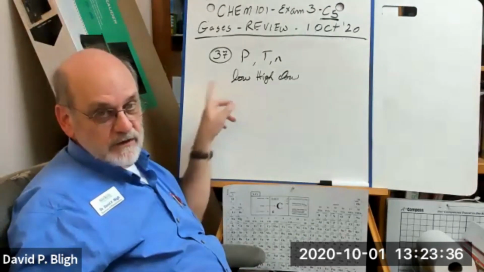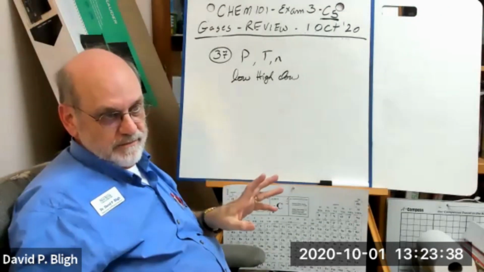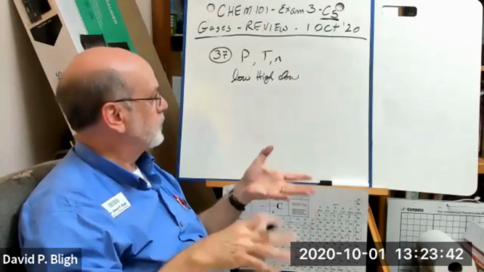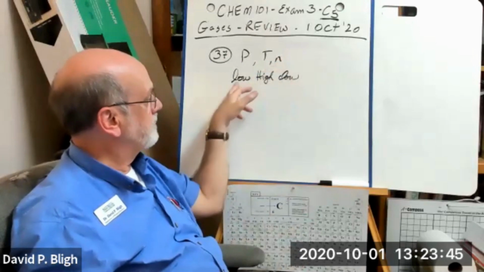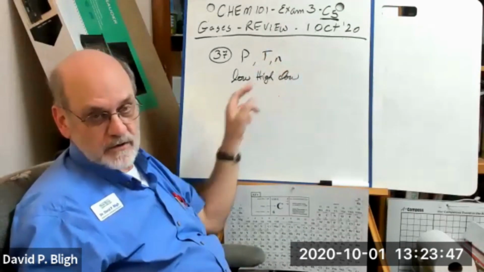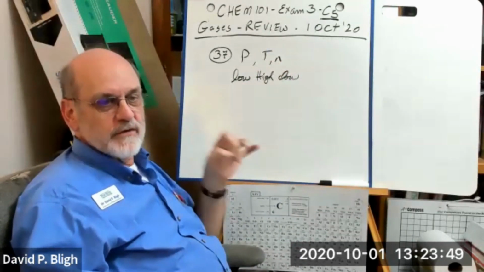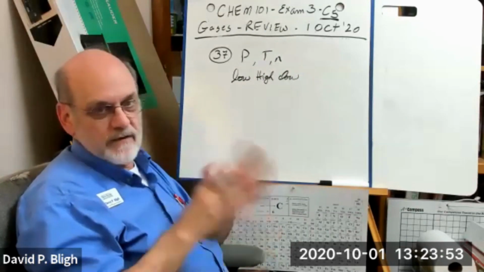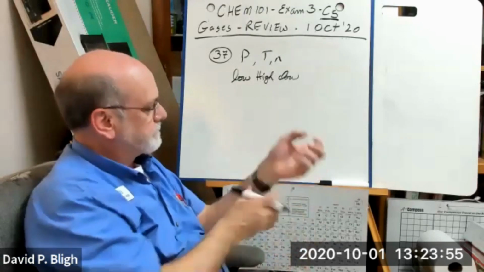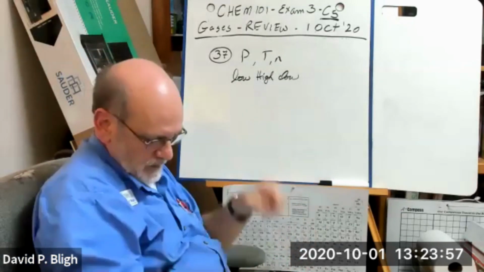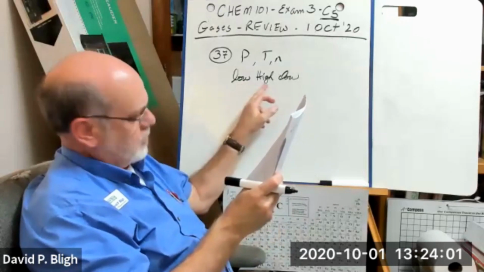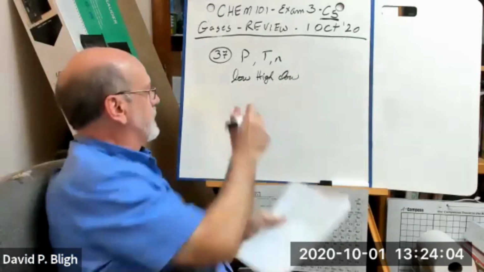Low pressure means there's large volume and just a few molecules, which is the same thing as saying here. High temperature means that they're moving so fast that intermolecular interactions don't have a chance to work. Okay, so that means low, high, low is B, E.